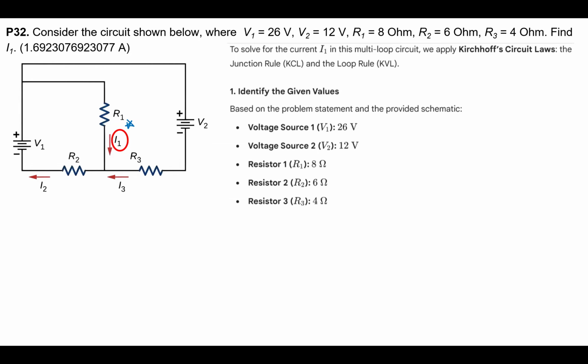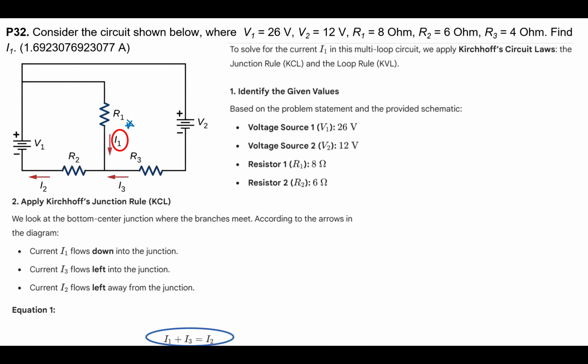So we have this given, and then apply Kirchhoff's junction rule. We look at the bottom center node. Note that there is incoming and outgoing current, so we have this relationship, equation 1: I1 plus I3 is equal to I2. Okay, that's the first equation we have.